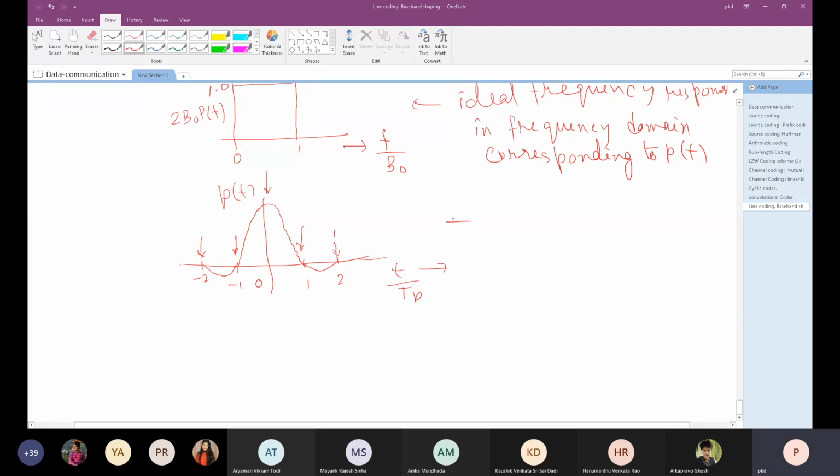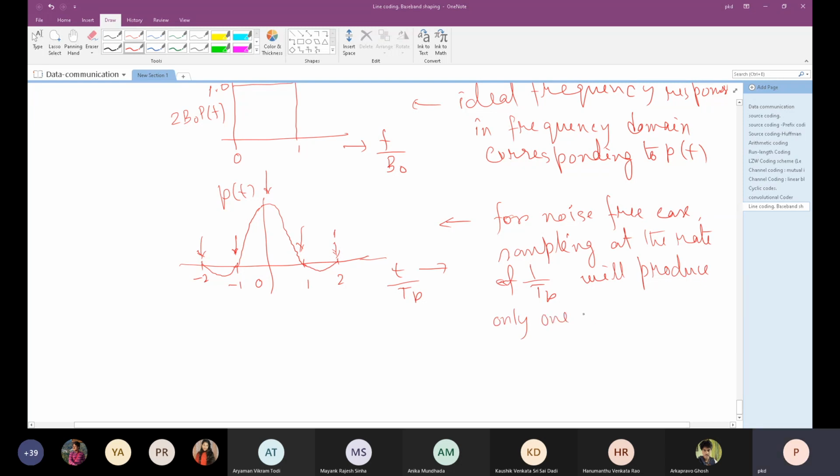So for noise-free cases, sampling at the rate of 1 by TB will produce only one non-zero value.